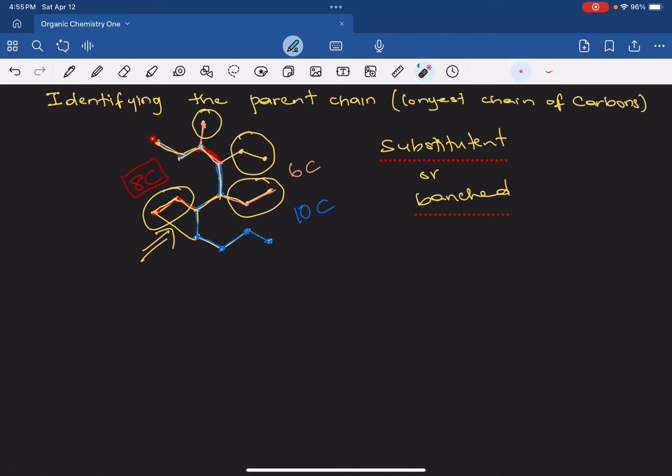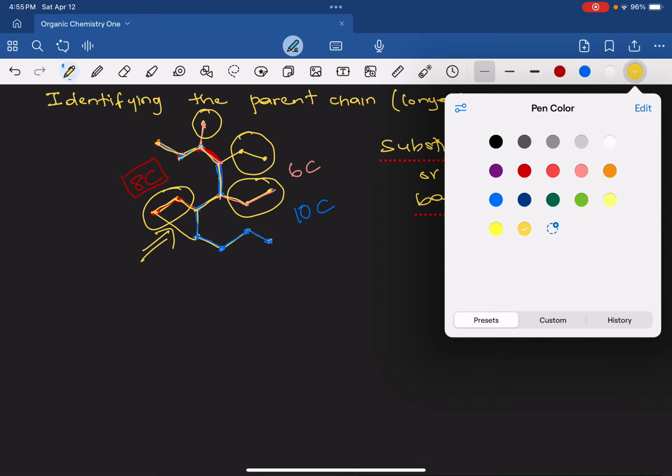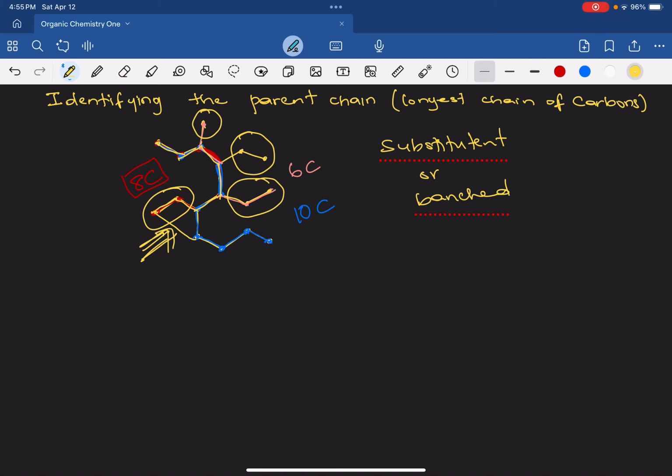It has to be that smooth movement. Anything looking like a shape, you can just quit. It's not your longest chain. So this right here would tell you that you don't have your longest chain. Key to being able to identify your longest chain in any molecule, you have to practice.